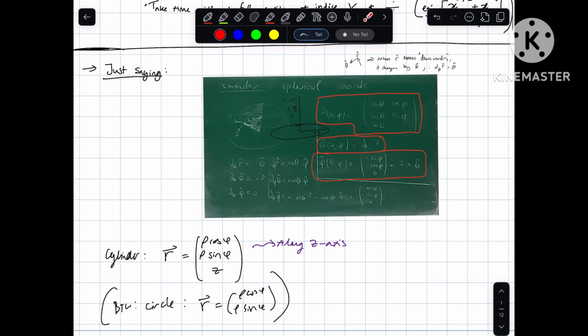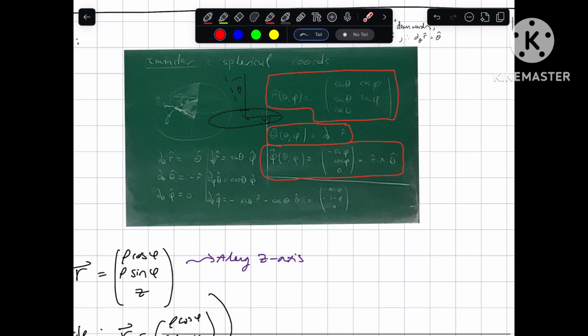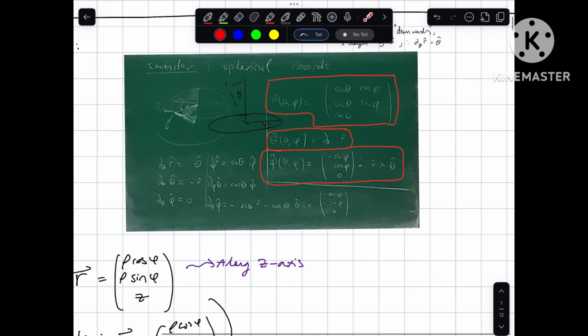And this is just a general reminder. Spherical coordinates: r is equal to sine theta cos theta. Nope, that's wrong. Sine theta cos phi, sine theta sine phi, and then cos theta.